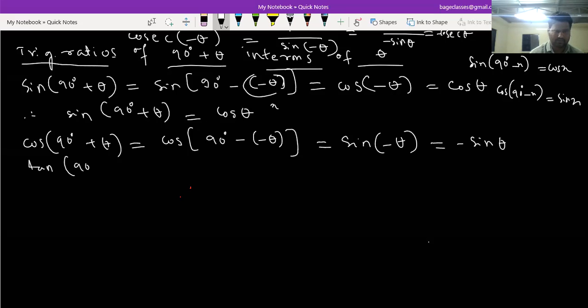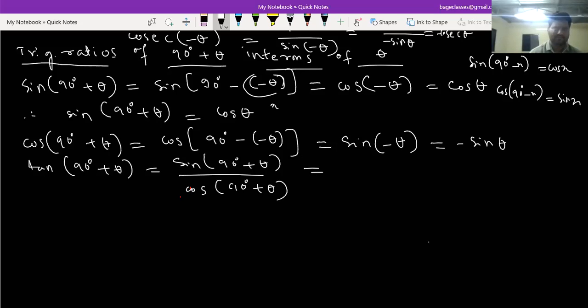Like this, tan 90 plus theta. Tan 90 plus theta again we can write like this. Otherwise, you can do like this also. Tan theta is equal to sin theta divided by cos theta. So sin 90 plus theta divided by cos 90 plus theta.